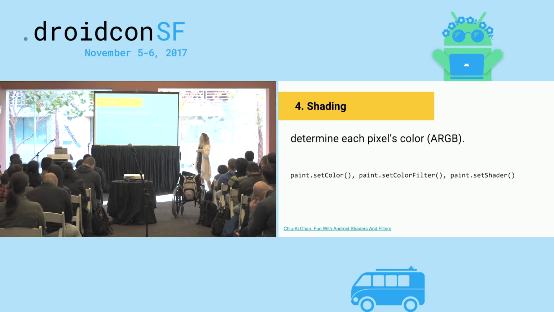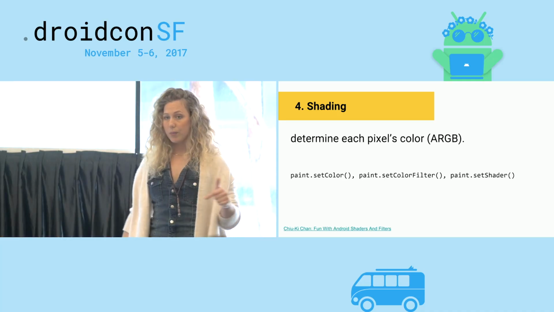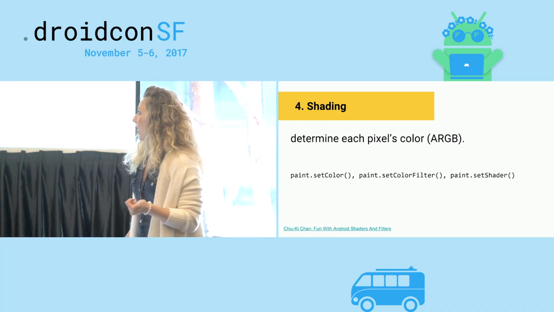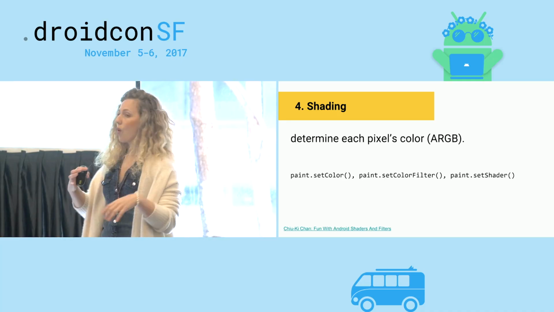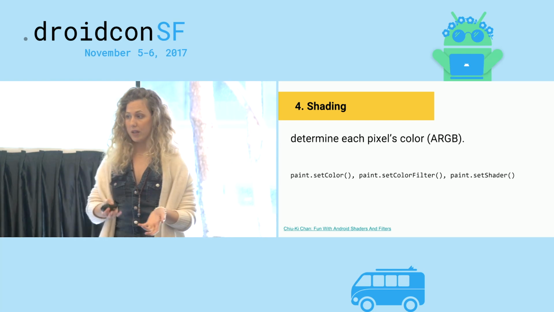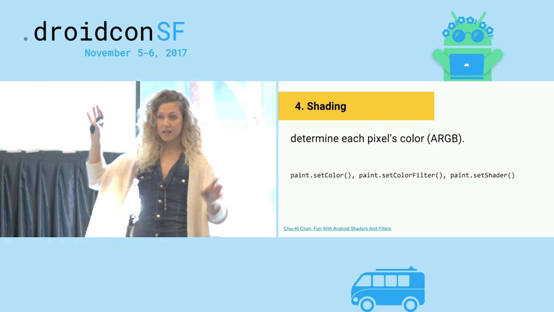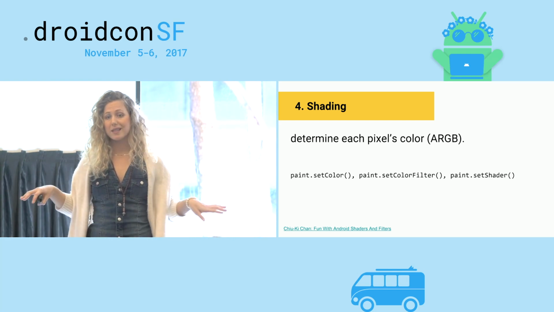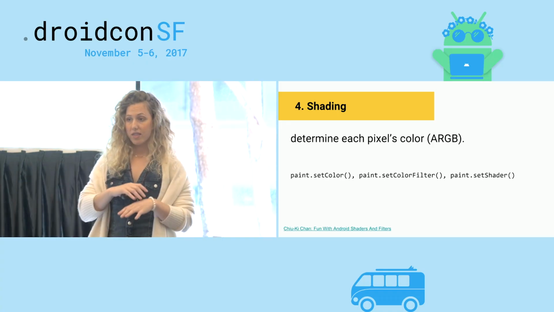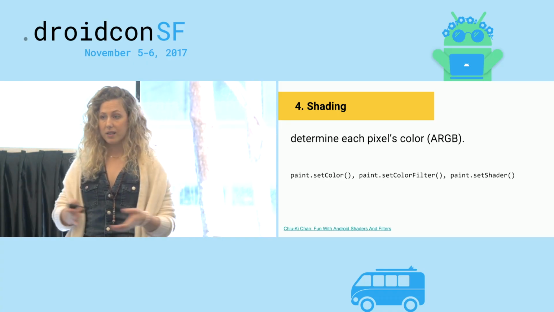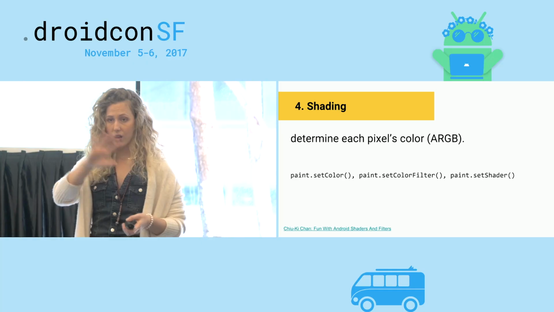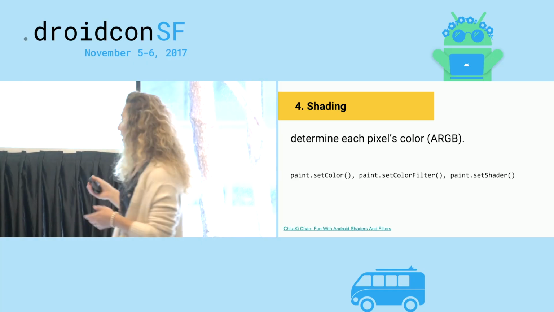So the next thing, and we saw it a little bit before, is the shading. It's about determining what the color of each pixel is. So if you did paint setColor, for example, this is like the simplest shader there is, right? It just sets a specific color for all of the paint.